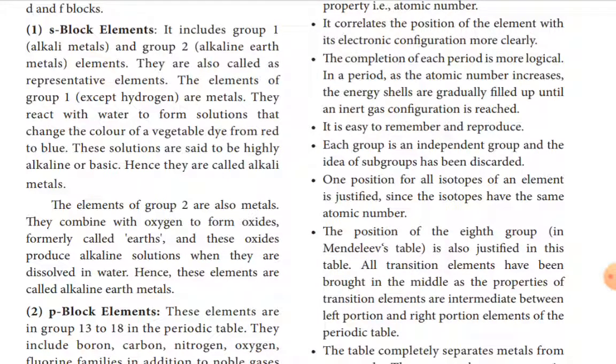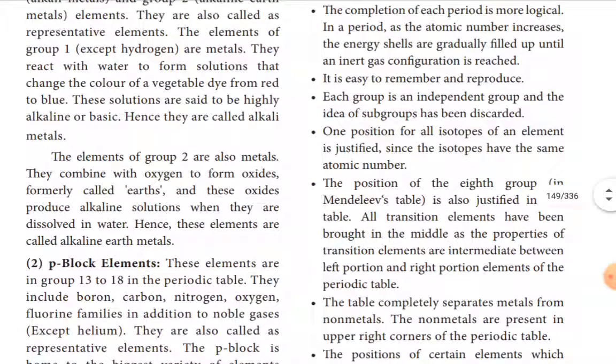In a period, when the atomic number increases, the energy shells are gradually filled up until it reaches the noble gas configuration. So in each period, in the outermost shell, the number of electrons increases one by one, and finally it reaches the stable noble gas configuration. And this kind of classification is easy to remember and reproduce.